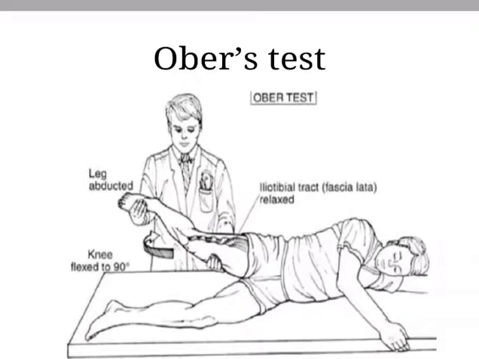In this test, the patient is lying on the unaffected side, with the affected side limb up. The examiner passively abducts and extends the limb, with the knee straight or flexed 90 degrees. Then the examiner releases the limb. If the limb drops, it is a negative test. If it is a positive test, the leg stays in place and does not fall.